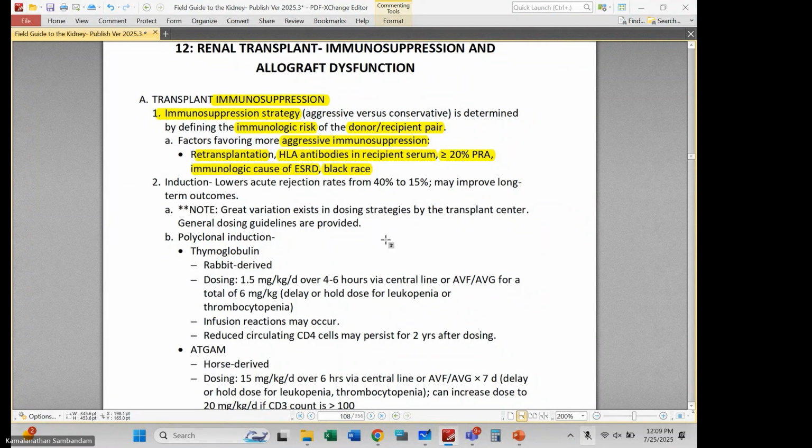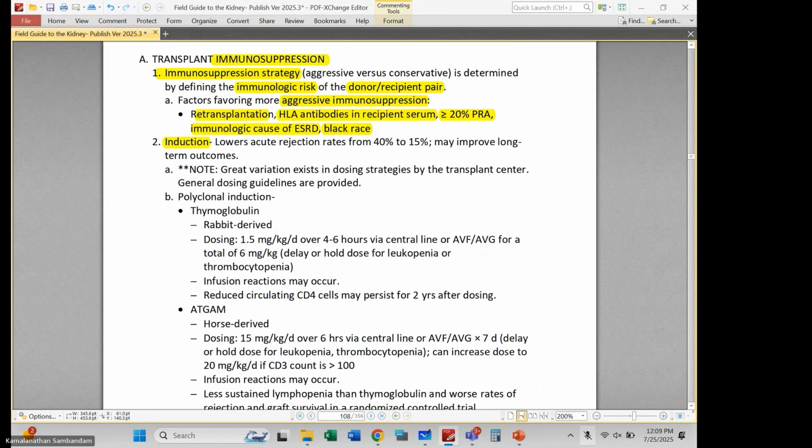So we think of induction and maintenance based on an estimate of the immunologic risk of this donor and recipient pair. And then we make a decision on induction and maintenance therapy, not in silo, but with that overall assessment governing our decision.